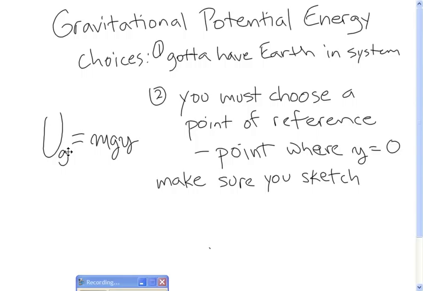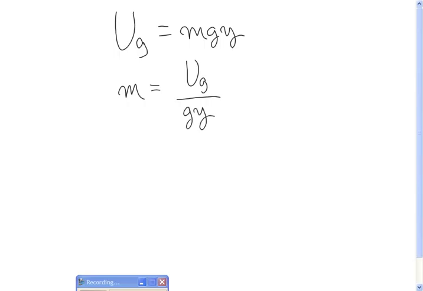And let's talk about that quantity in slightly more detail on one more slide. Again, this is a relationship, not just a formula. This doesn't only tell you what UG is. If you know UG, it can also tell you what the mass of the object in question is, or it can tell you how high the object is.